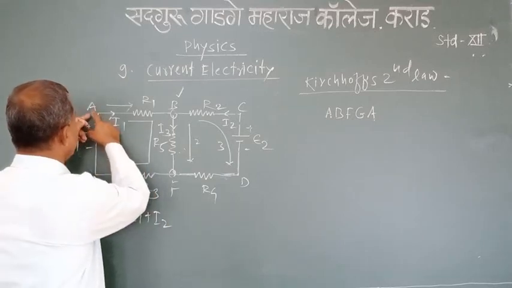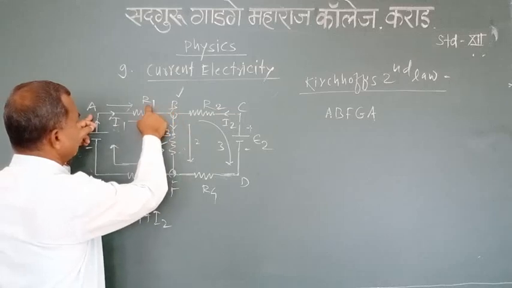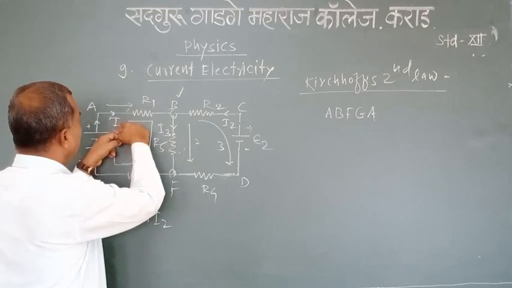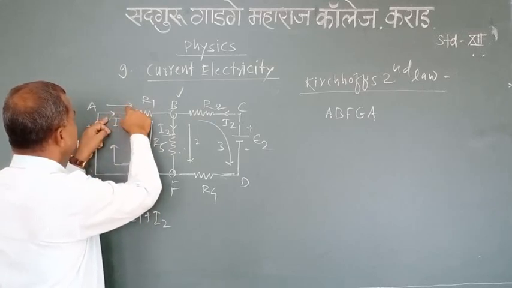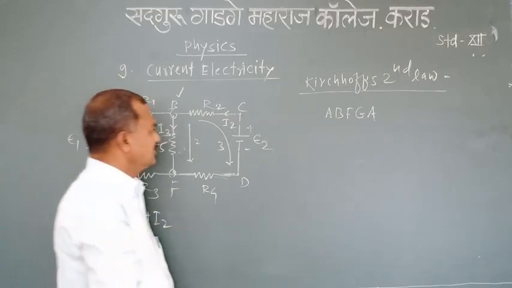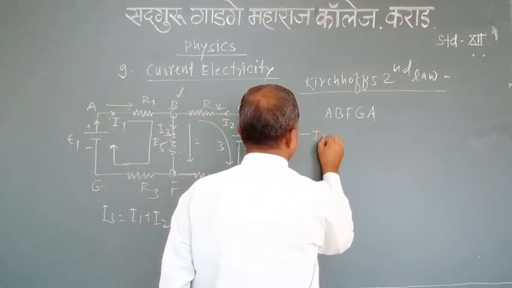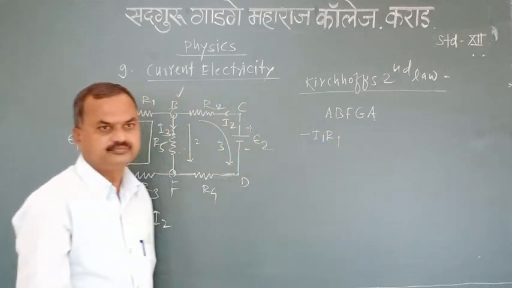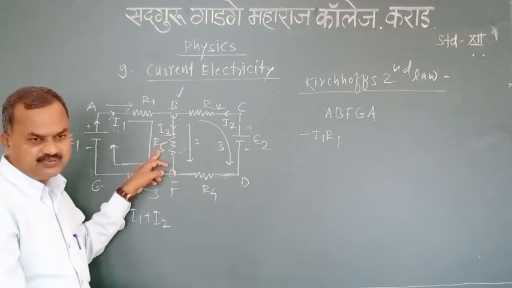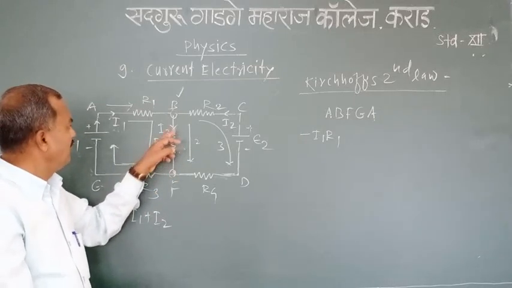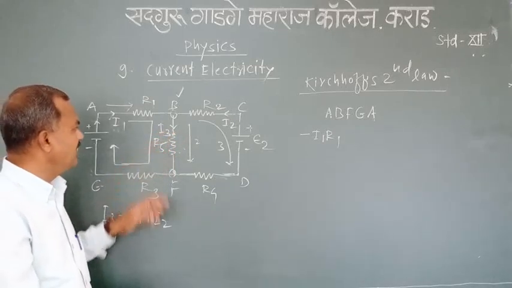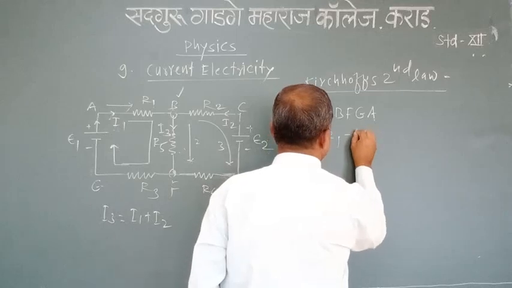Start from point A to B. There is resistance R1, current flowing through it I1. The direction of current and tracing the loop is the same, therefore the product I1 R1 is taken as negative. Then from point B to F, resistance R5, current I3, the direction of tracing the loop is the same as the current flow I3, therefore the product I3 R5 becomes negative.